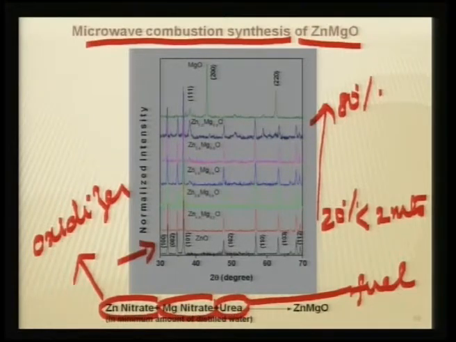If you observe this range, there is no peak characteristic of zinc magnesium oxide coming, but as you dope more and more of magnesium, you can see preferentially the one peak of magnesium oxide is propping up in these phases, and this is because magnesium oxide is not able to get substituted.